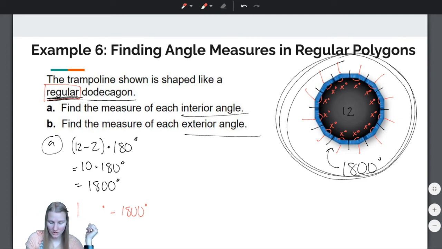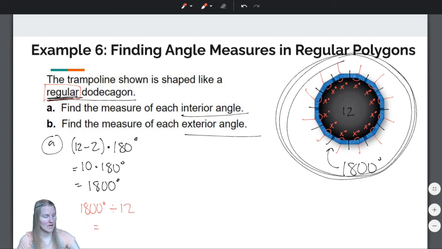So all we need to do is take the sum of the measures of the interior angles and divide it by the number of angles we have, which is 12. And what do I get? 1800 divided by 12 is 150.